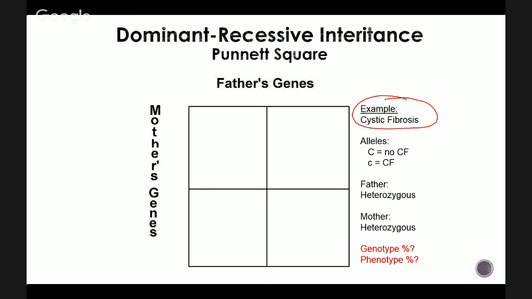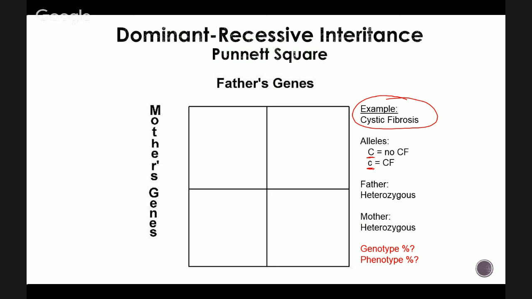So this one's pretty straightforward. Okay, so let's just get our symbols set here. Capital C means no cystic fibrosis. Lowercase c means cystic fibrosis. So capital C is the allele for no cystic fibrosis. Lowercase c is the allele for cystic fibrosis.